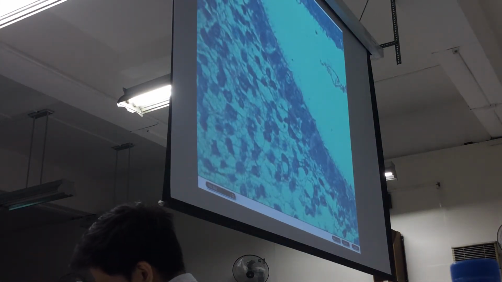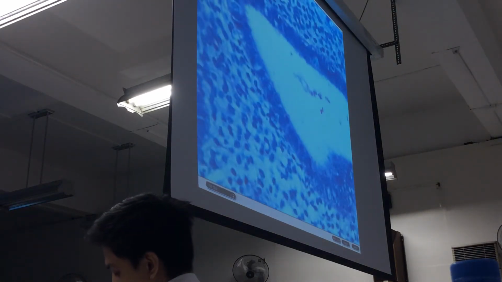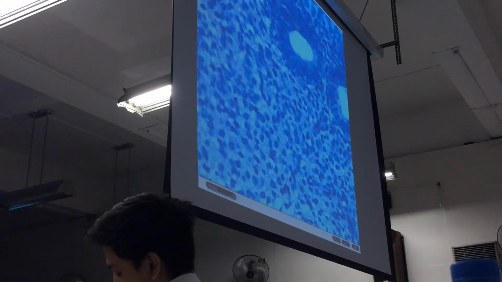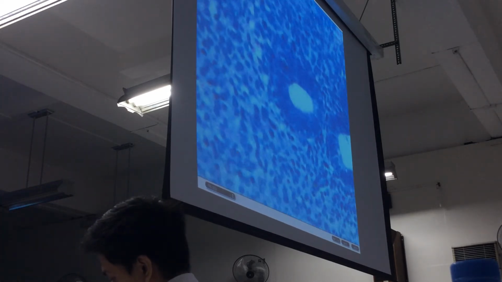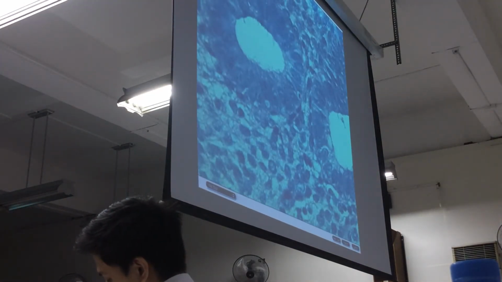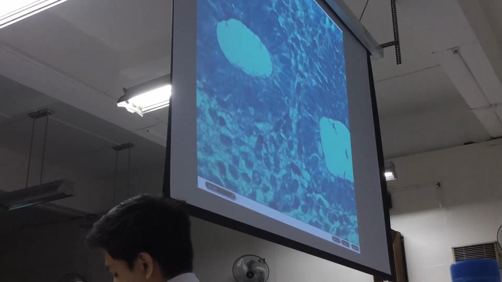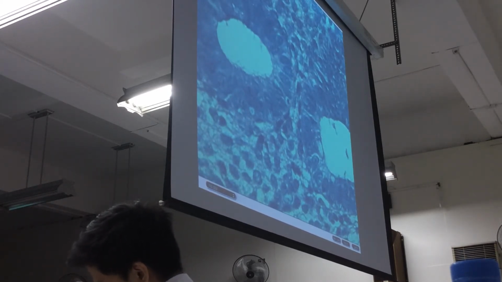The cells of normal epithelium of the glandular lining, that's a good gland, will show you ovoid nuclei perpendicularly approximated with the basement membrane of the glands. So what you're seeing here are ovoid nuclei which are pointing towards the lumen with their base perpendicularly approximated with the basement membrane of the glands.